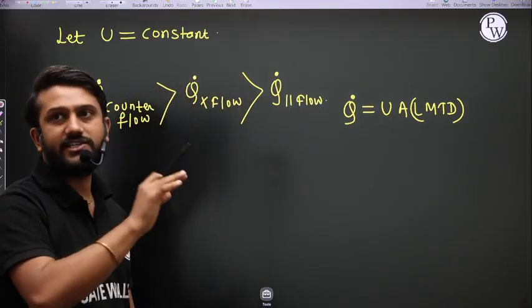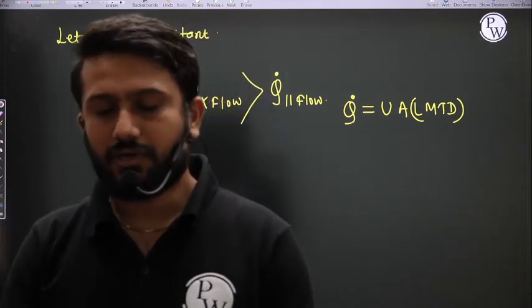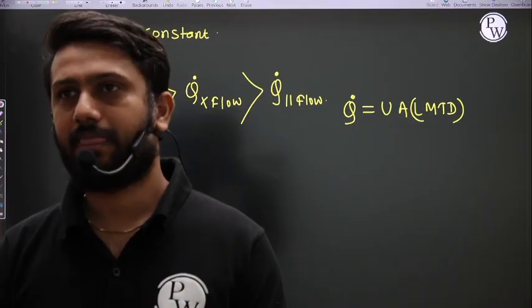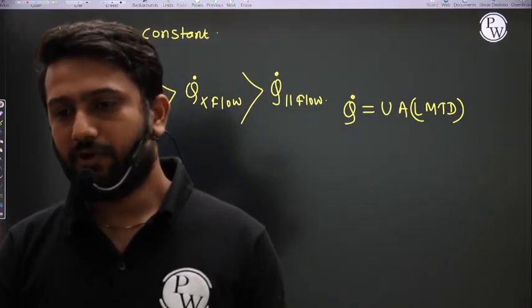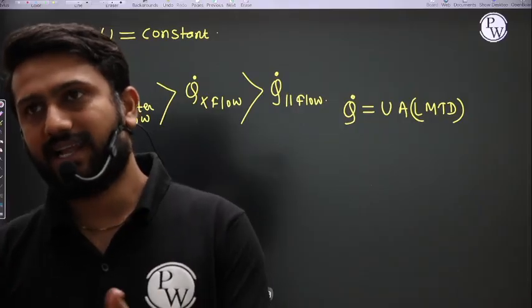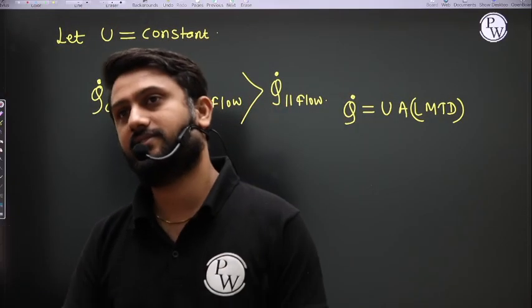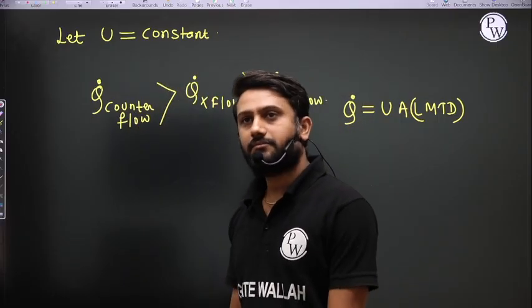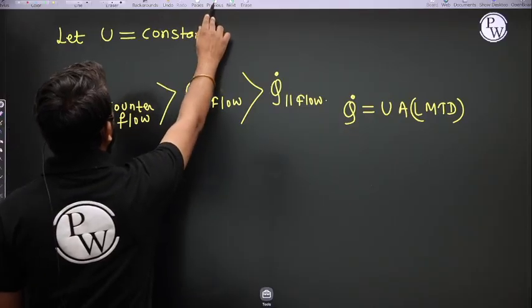Under these conditions. What are the conditions? Area same. Overall heat transfer coefficient same. Hot fluid inlet and exit temperature, cold fluid inlet and exit temperature same. Is it fine? Okay. Now see, this is the important part.